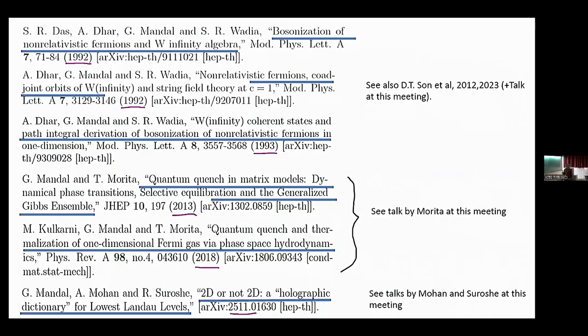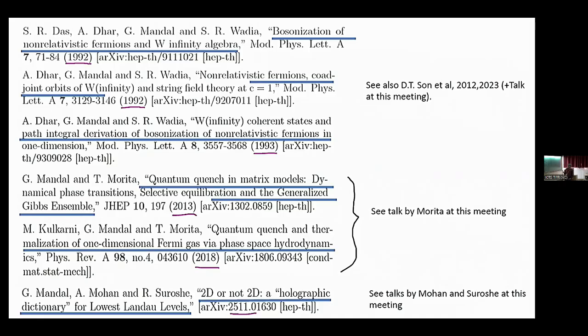Then we looked at the problem of quantum quench in matrix models. This is something that came from gauge theories and so on, and we mapped that problem to a Fermi gas again, and we found that the model actually equilibrated post-quench to a generalized Gibbs ensemble.